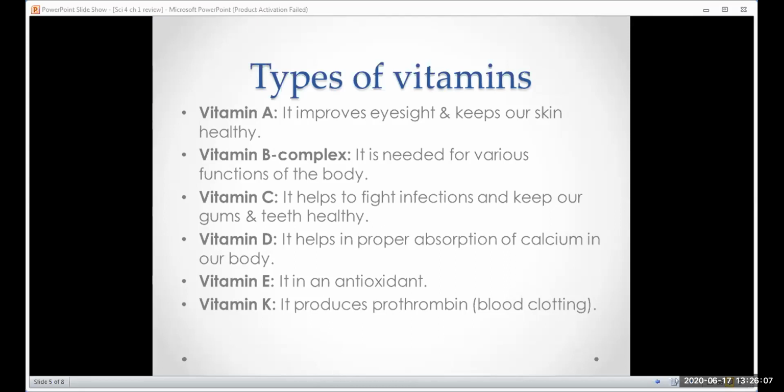Fruits and vegetables are rich in roughage. Water is needed by your body to function properly. Food contains some amount of water, but it is not sufficient. Your body needs more water.